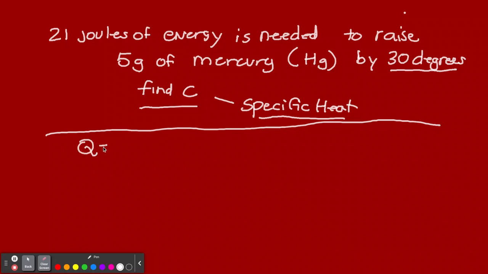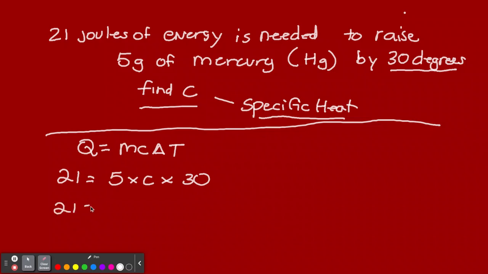Here's the formula: Q equals M C delta T. Sounds like the MCATs if you're a doctor. So we already know Q, right? Q is 21. The mass is 5. We're trying to find C. And the change of temperature is 30.